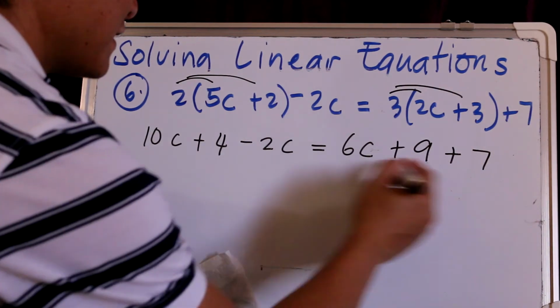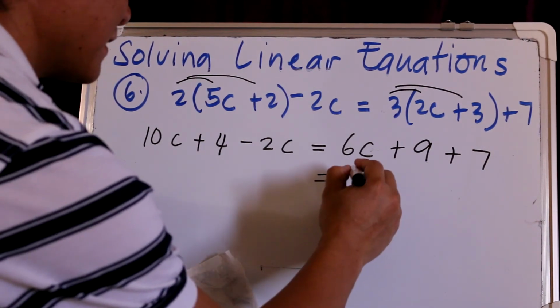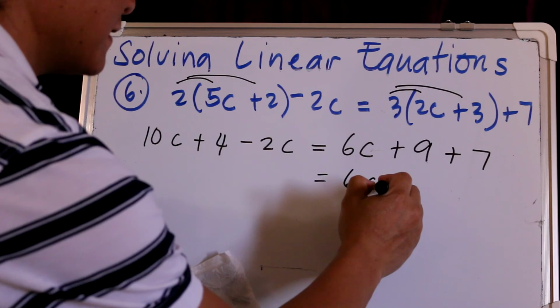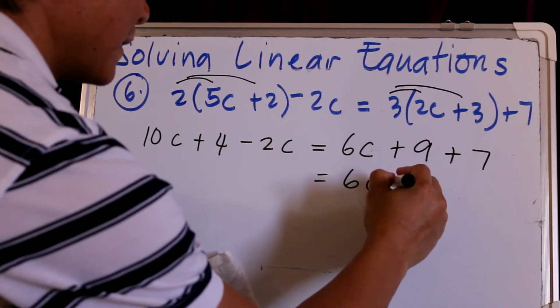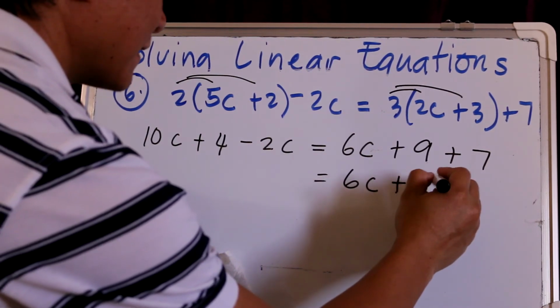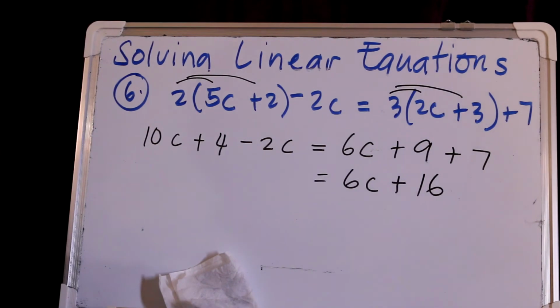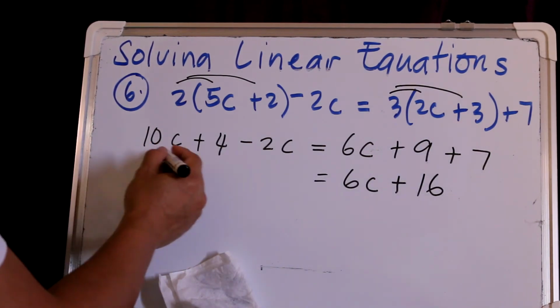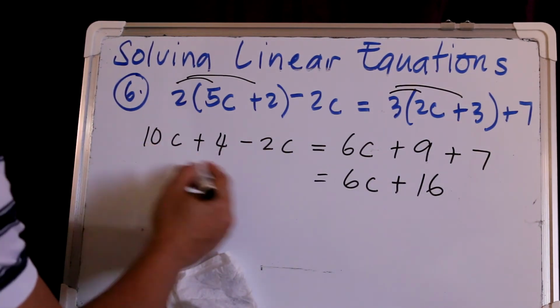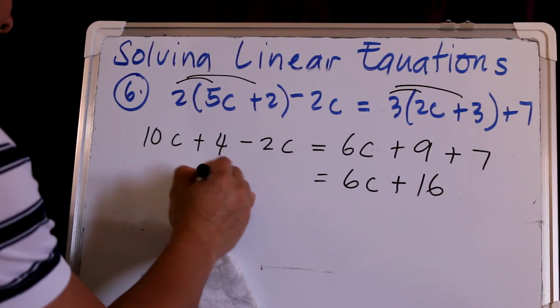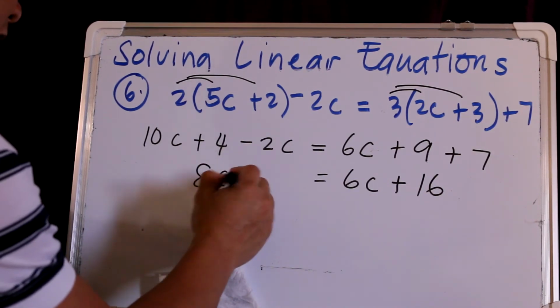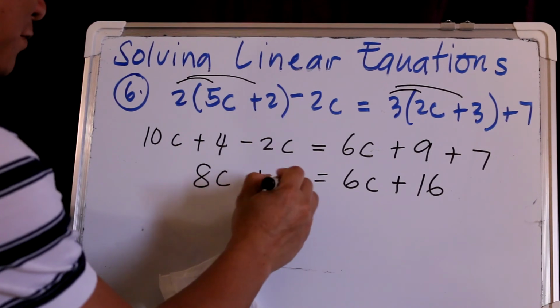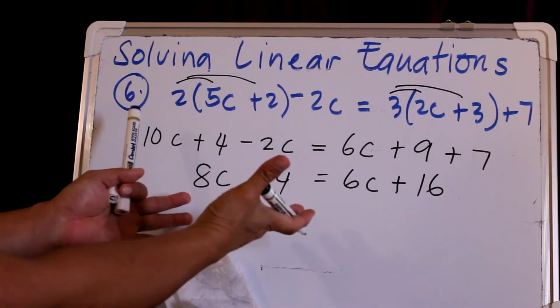Okay, 9 and 7 there, that means 6C plus 16. Then right here, 2C and 10C, that means 8C positive plus 4. There you go.